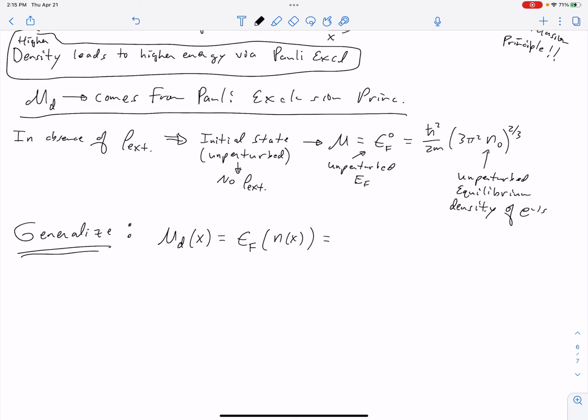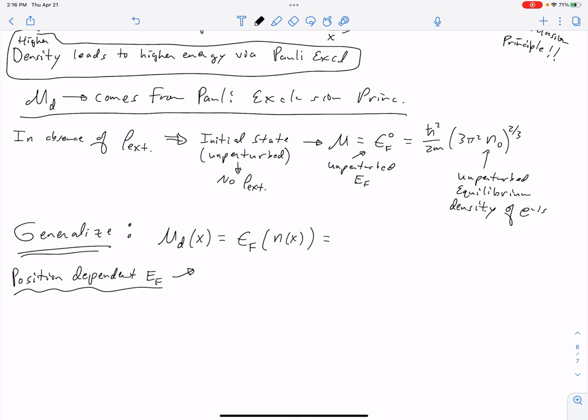But we're going to generalize this formula, and we're going to say that the Fermi energy is now position dependent. So it's going to have a position dependent Fermi energy. And we're going to assume that the position dependent Fermi energy depends on the position dependence of the electron density.